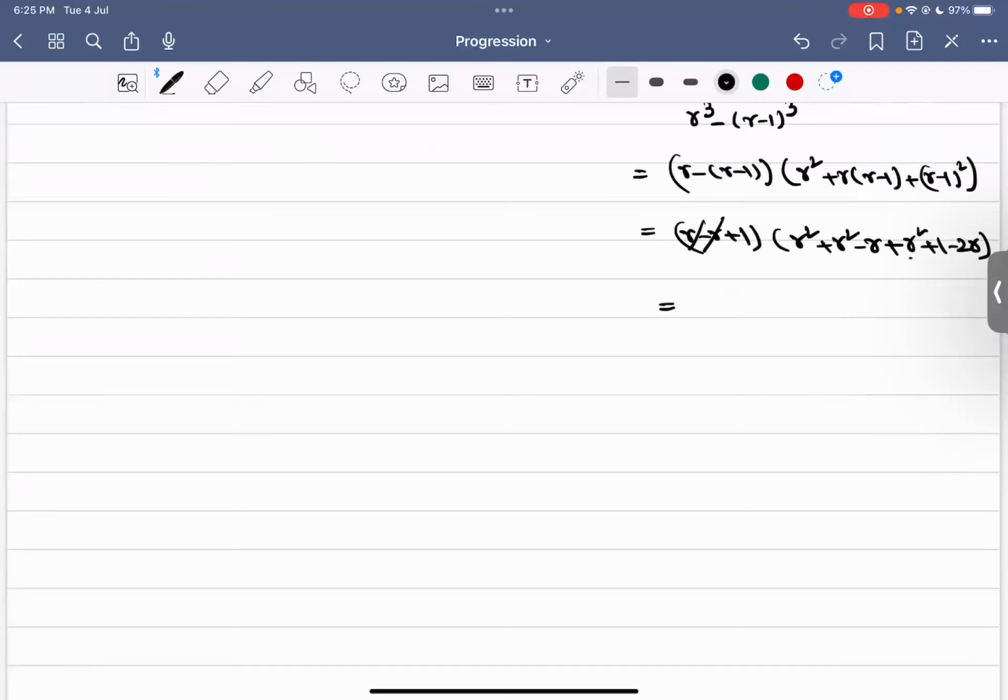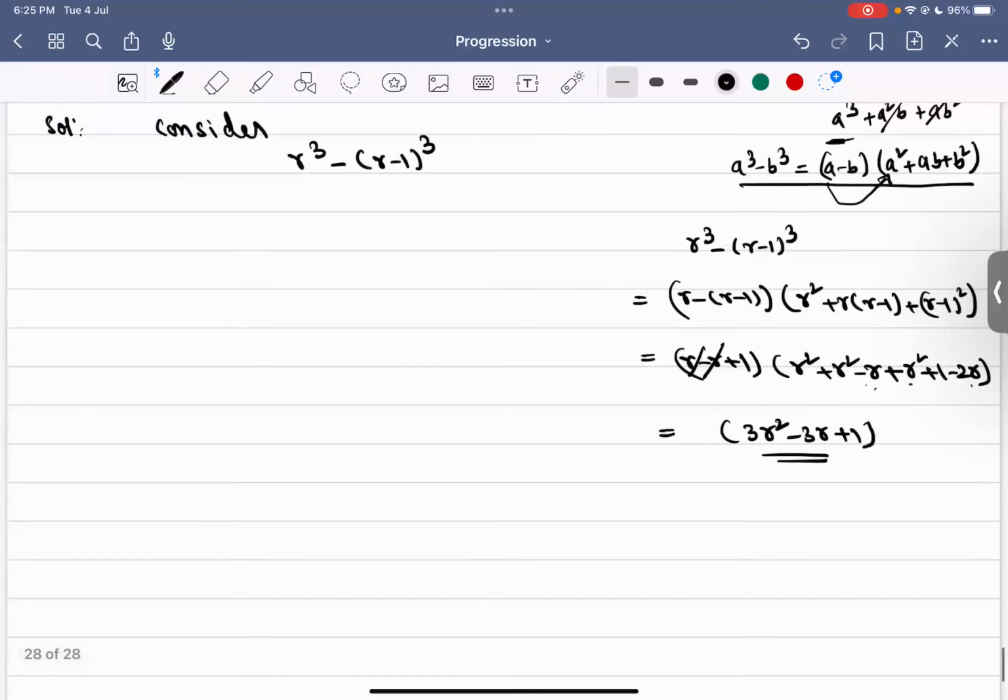Now here r square, r square, r square, that is in bracket 3r square minus r minus 2r, minus 3r plus 1. So what we got is r cube minus r minus 1 whole cube is equal to 3r square minus 3r plus 1.